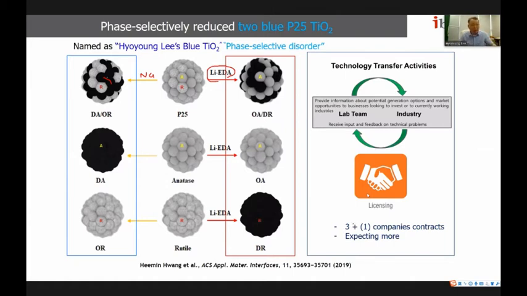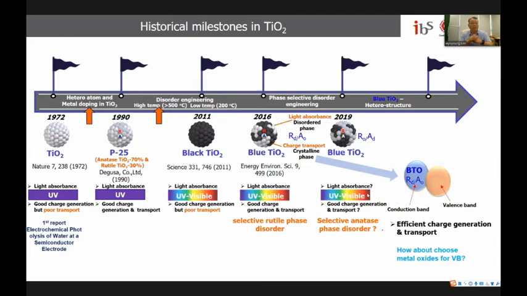Now we have done technology transfer to 3 companies, and another company, a big group, is doing a technology transfer now. So after 3 years, we made one-phase rutile disorder and anatase disorder, and last year we tried to figure out, is there some meaningful application?